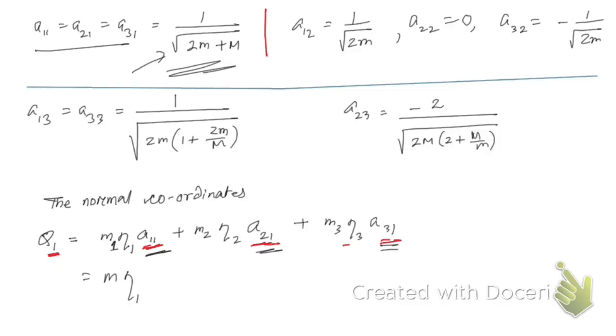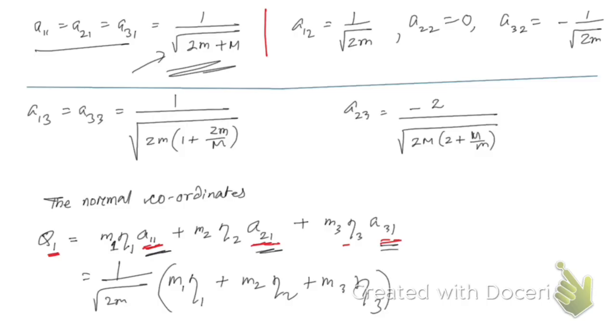So within the bracket we're going to have m1 eta 1, m2 eta 2, m3 eta 3, and the common term is 1 by root over 2m plus capital M. m1 and m3 are both equal to small m, and m2 was taken as capital M, right? So this is what you're going to have in the first one.